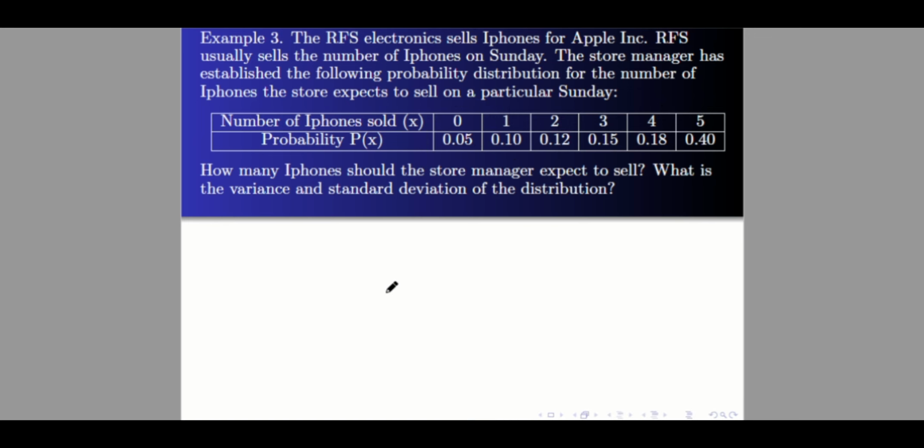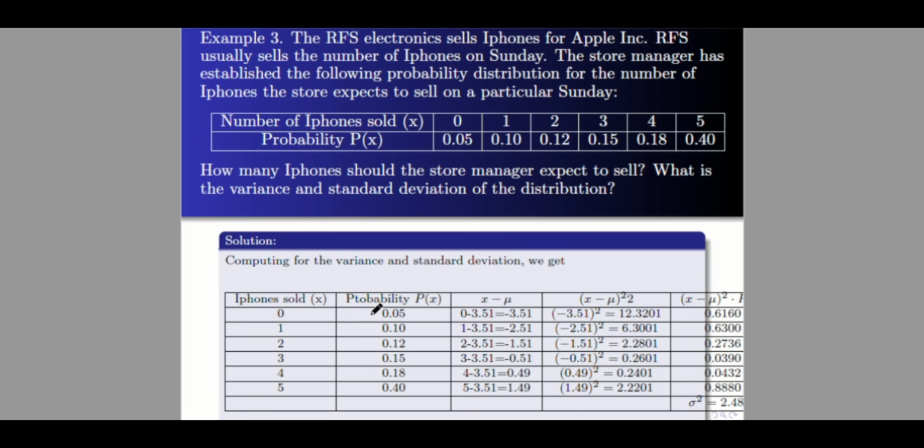Now, how do we compute for the variance? So we may use the table, the second formula. It's either you may use the table or a pure substitution on the formula. So we're given with this. This is the iPhones and the probability of px. So I just wrote this one in a vertical form.